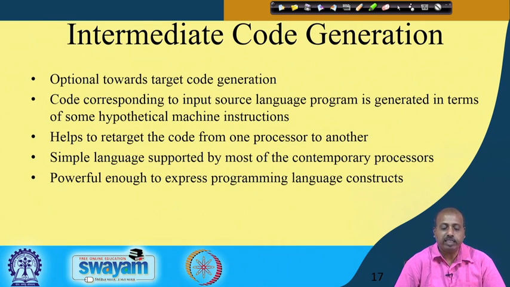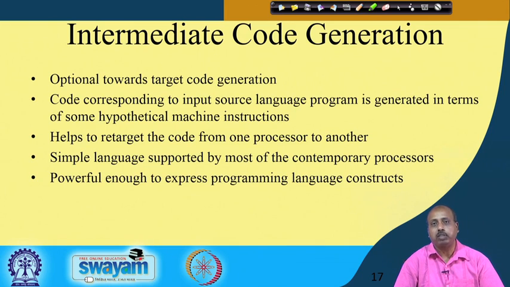In intermediate code generation, we use some hypothetical language and code is generated in terms of that language. Why is it done? We will see it shortly. As such, this intermediate code generation is an optional stage. It is not necessary that you should always generate an intermediate code and then go to target code.